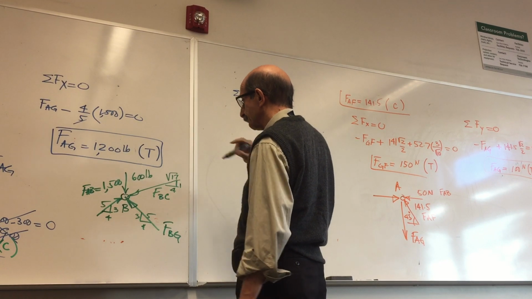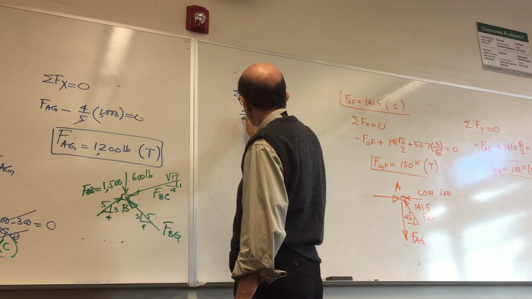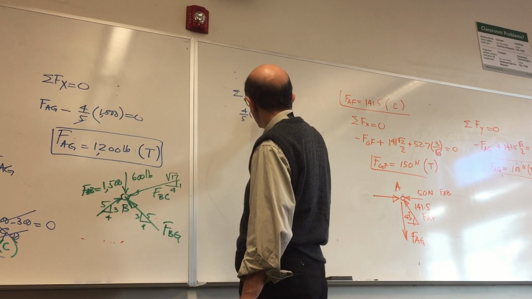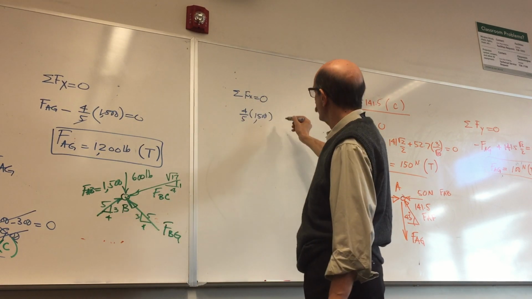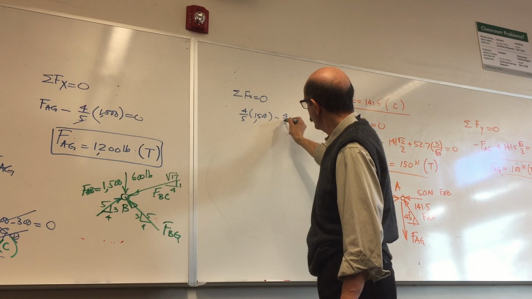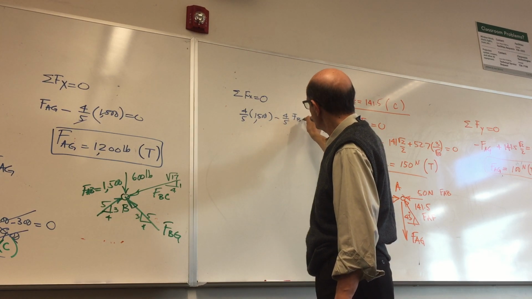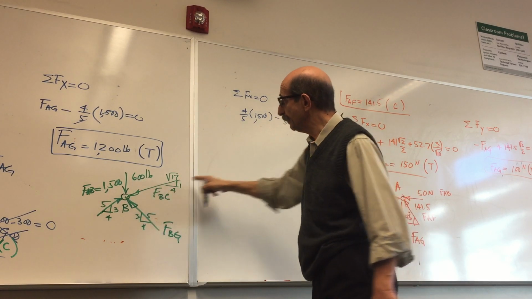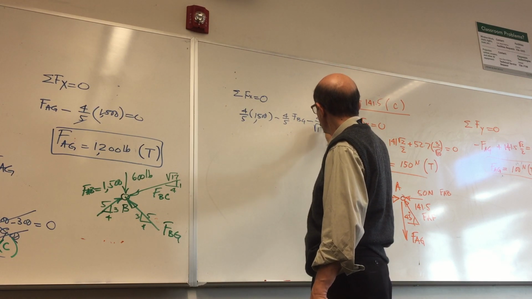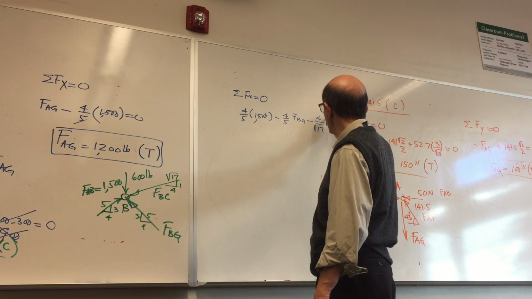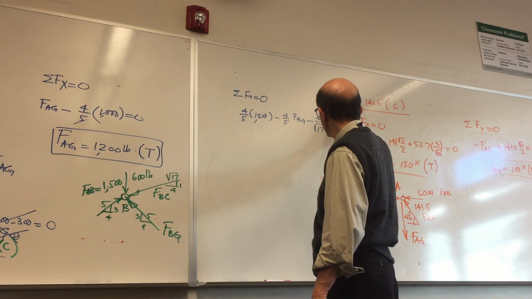That will give me 4/5 of 1,500 for this, minus 4/5 of FBG, minus 4 over square root 17 of FBC is equal to 0.